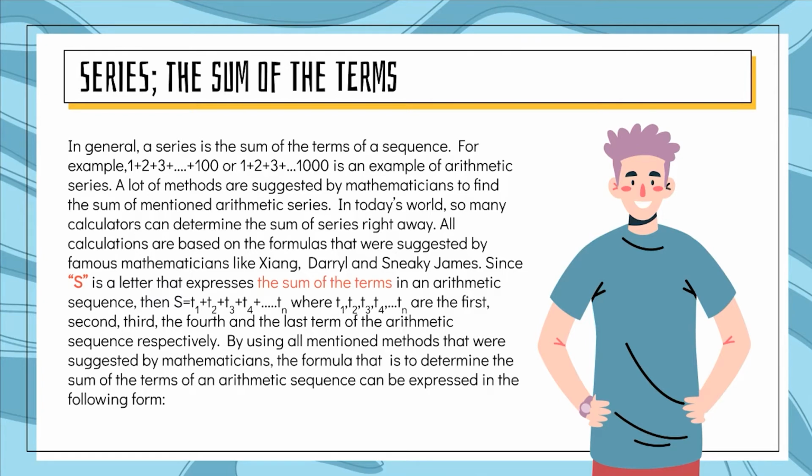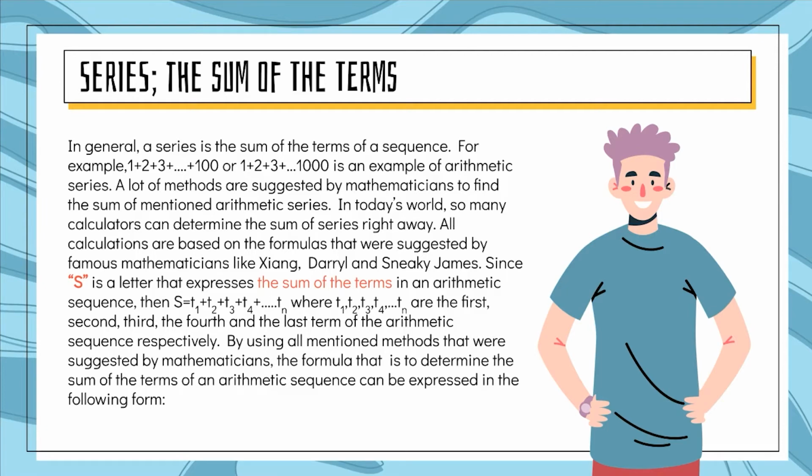This lesson is not the same as the arithmetic sequence, because the formula changes. For example, the arithmetic and geometric sequence has one formula, a1 plus (n minus 1) multiplied by d. But for the arithmetic series, the formula changes.